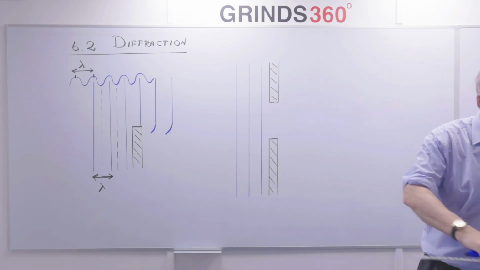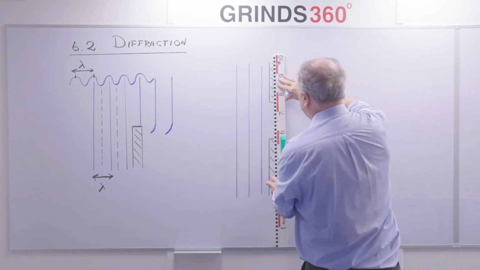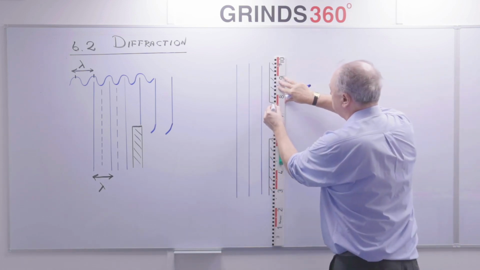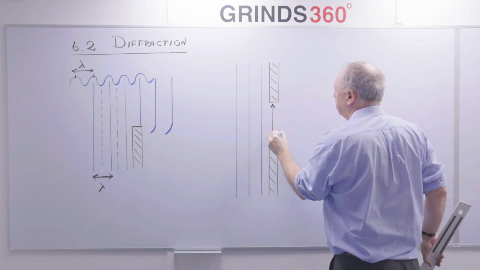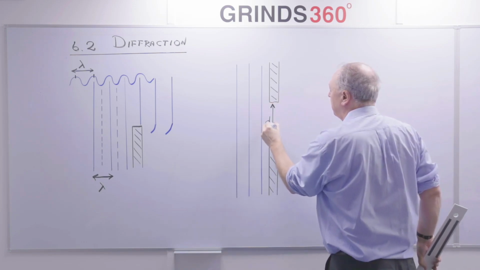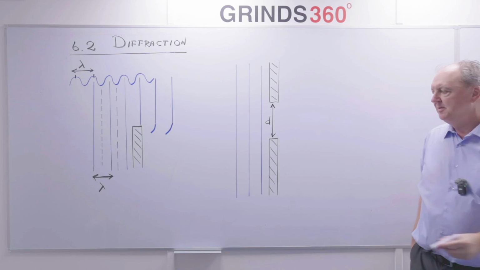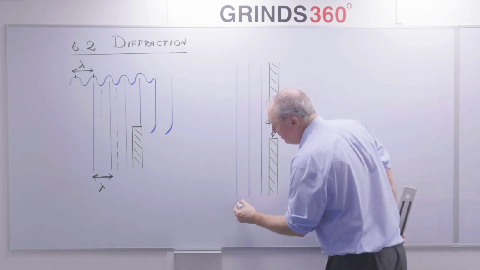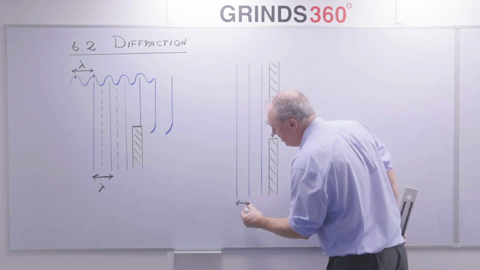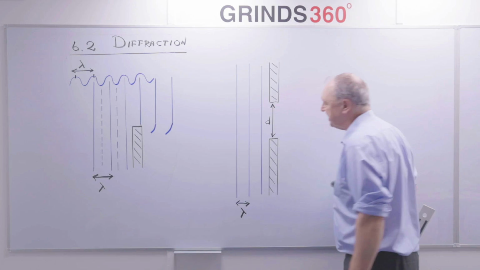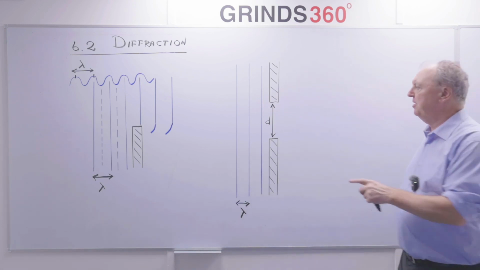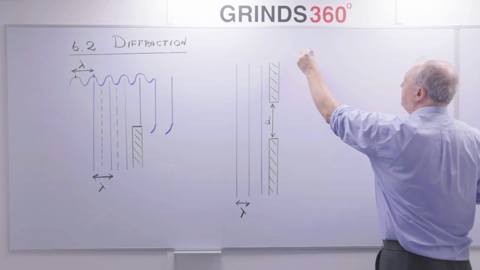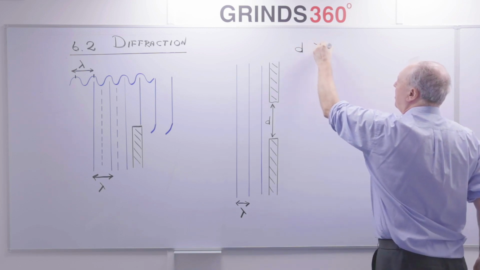The size of the gap I'm going to call D. And of course, the wavelength, that's the distance between two crests or two continuous lines, is lambda.